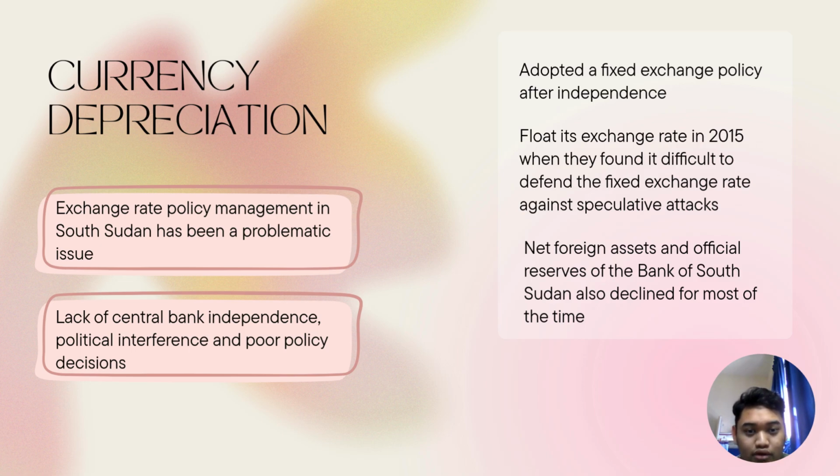However, they decided to float the currency in 2015 when they found it difficult to defend the fixed exchange rate against speculative attack from outside of the country. And the net foreign asset and official reserve of the Bank of South Sudan also declined for most of the time after the independence in 2011.